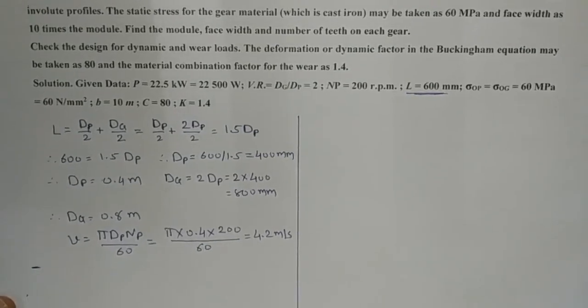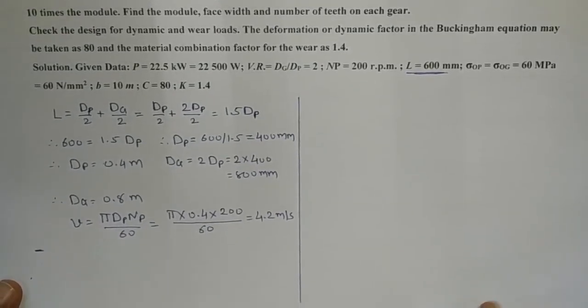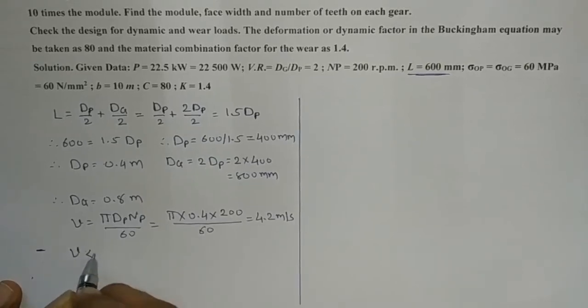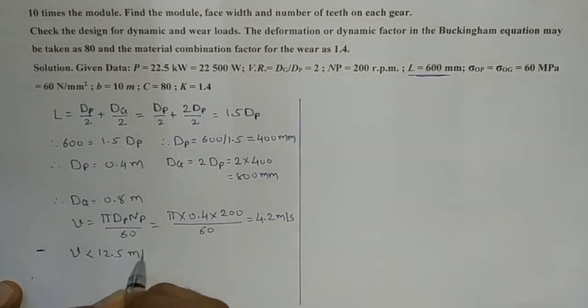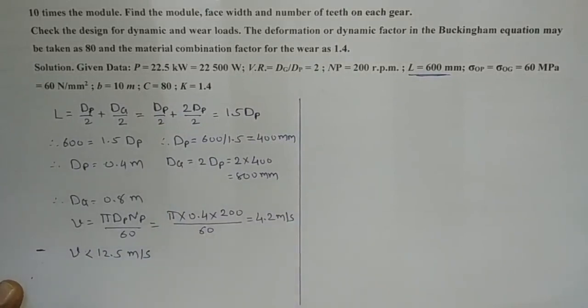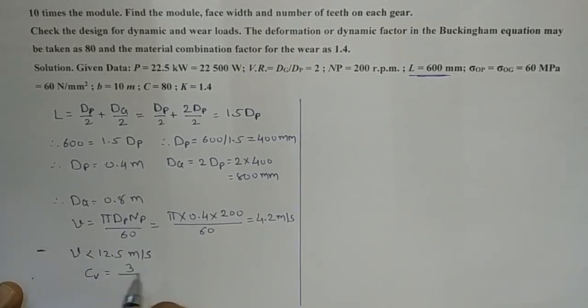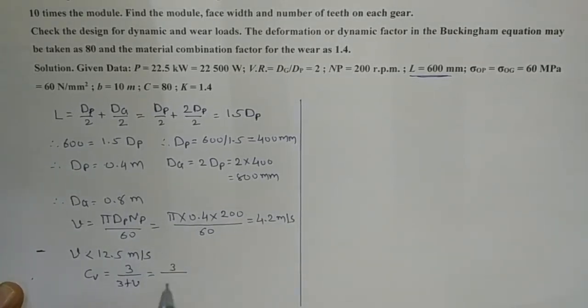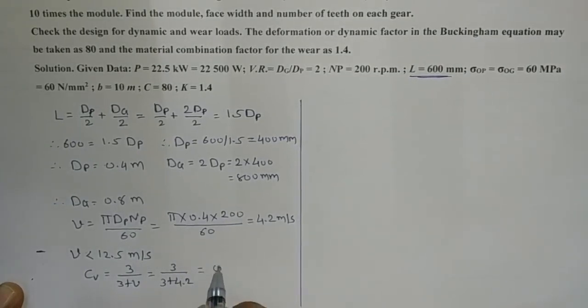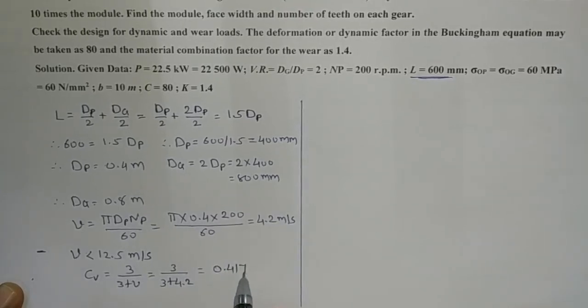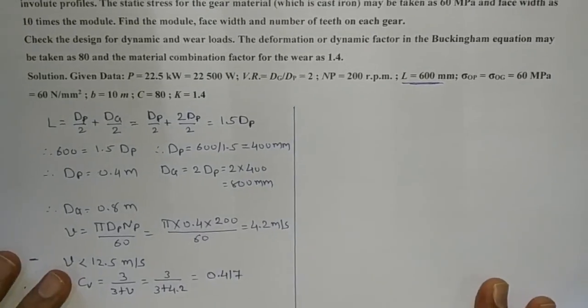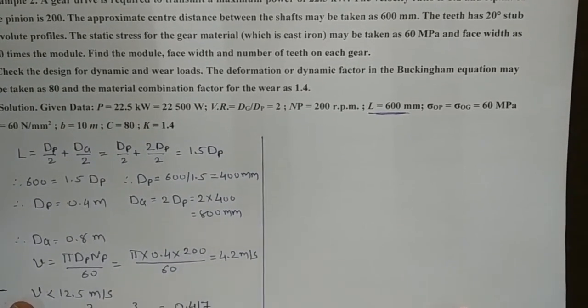Now here again we know that this V is less than 12.5 meter per second. So the equation of velocity factor CV is equal to 3 upon 3 plus V. Now 3 by 3 plus 4.2, so CV is equal to 0.417.